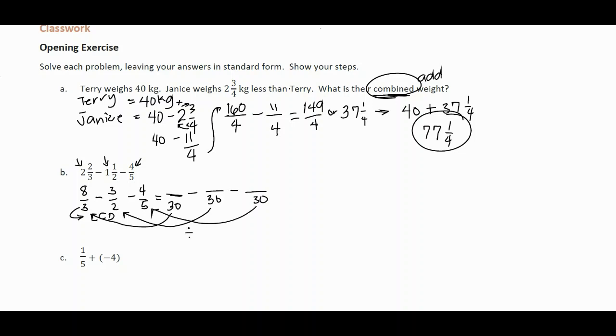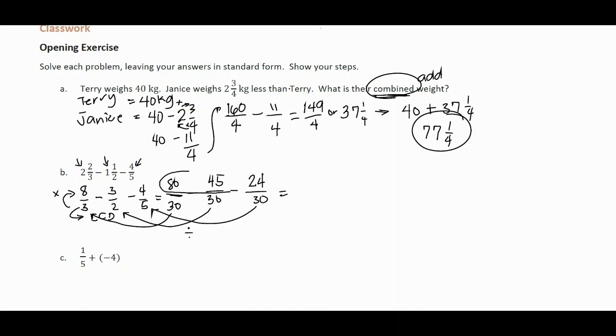So 30 divided by 3 is 10, times 8 is 80. 30 divided by 2 is 15, times 3 is 45. 30 divided by 5 is 6, times 4 is 24.